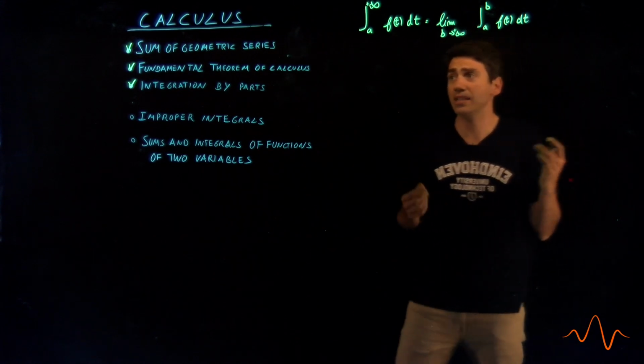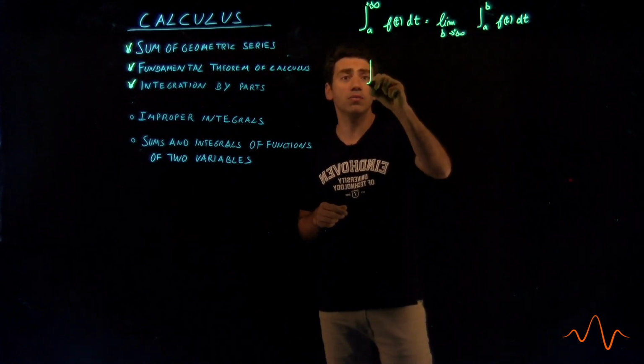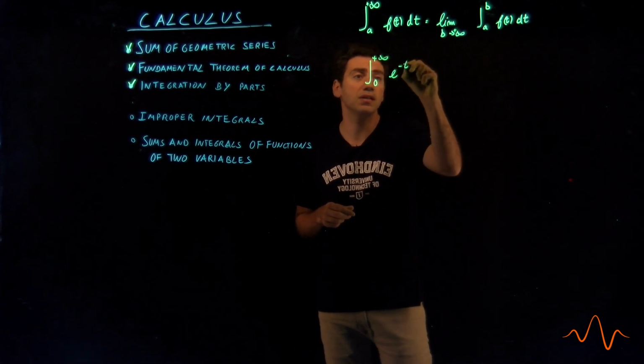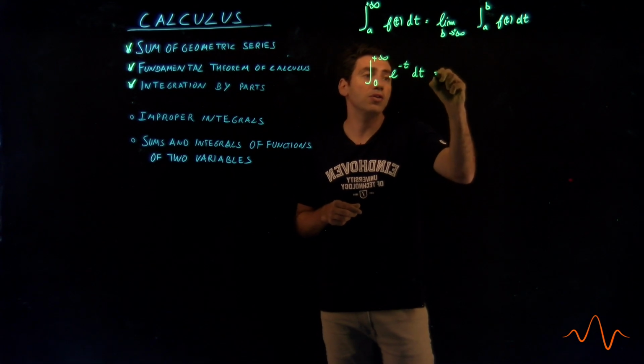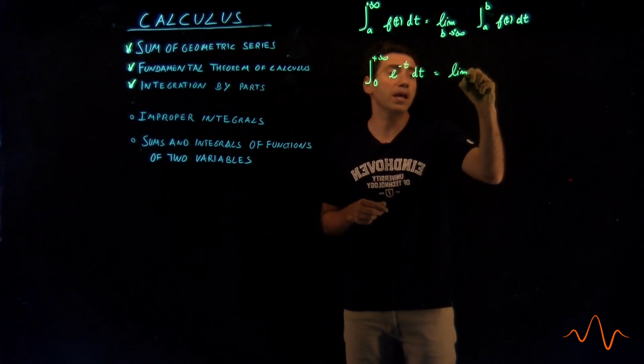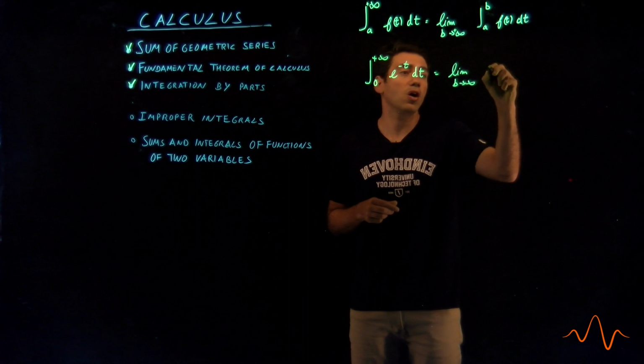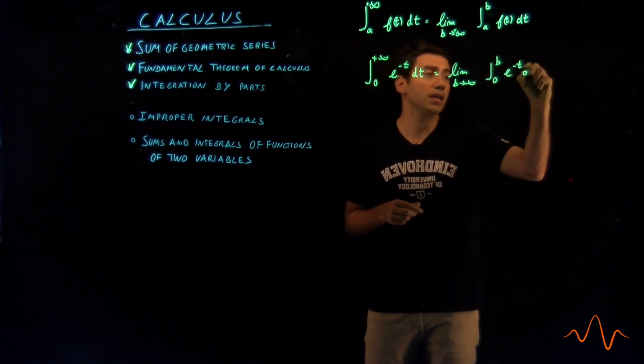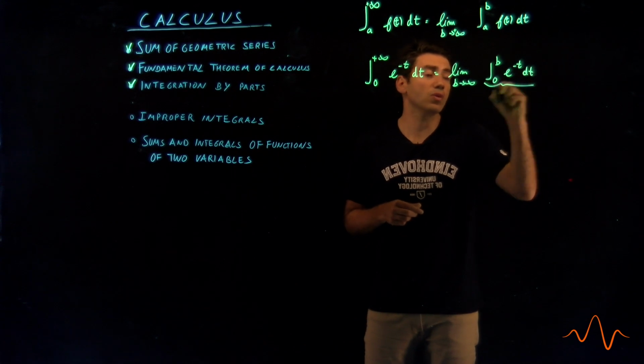And so basically, as an example, if I tell you to compute the integral from 0 to plus infinity of e to the power of minus t dt, you can do the following. The limit as b goes to infinity of the integral from 0 to b of e to the power of minus t dt. You compute this as usual.